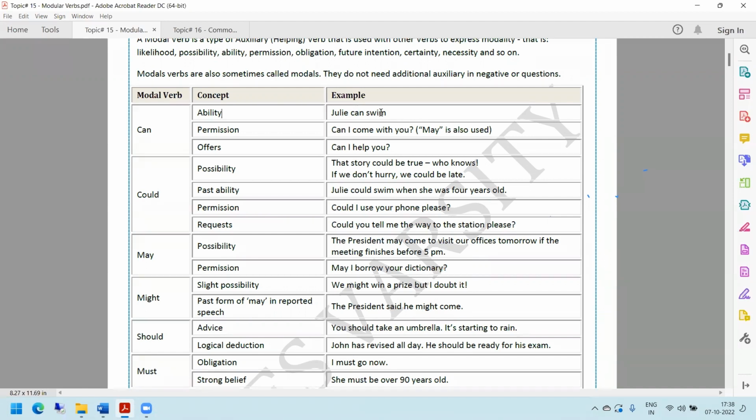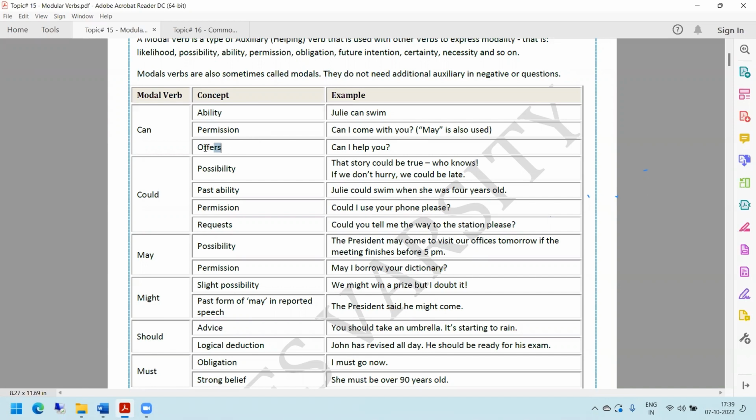So Julie can swim. Similarly, if we are trying to express permission with the modal verb can, you see, can I come with you? It's like asking for permission.